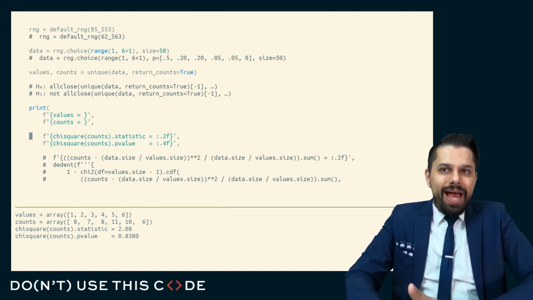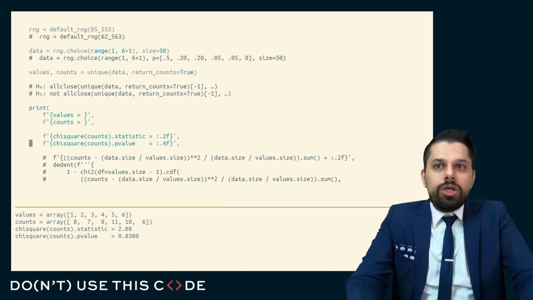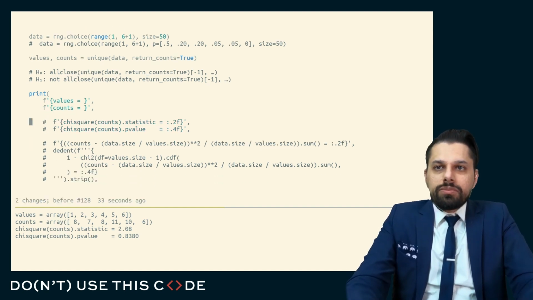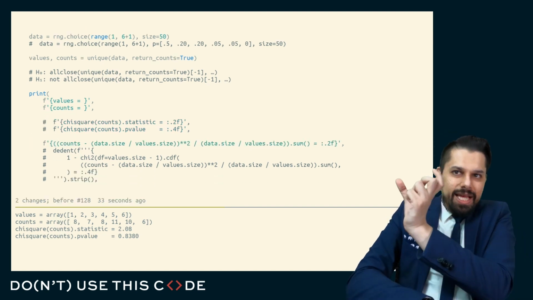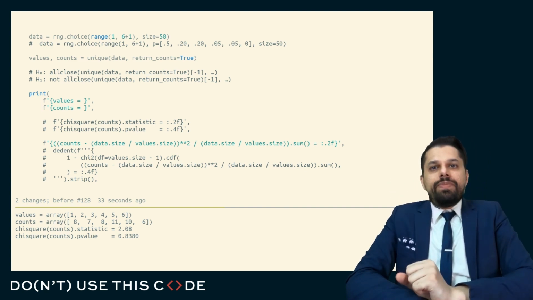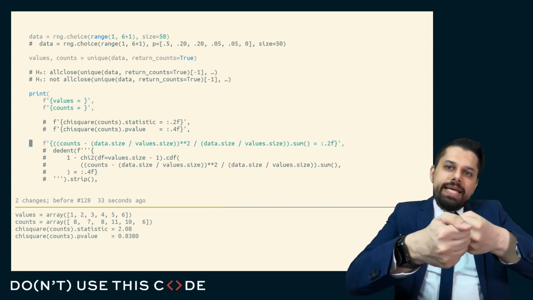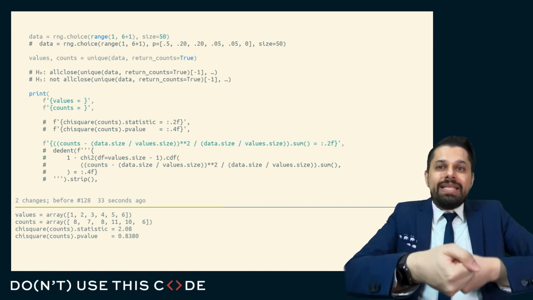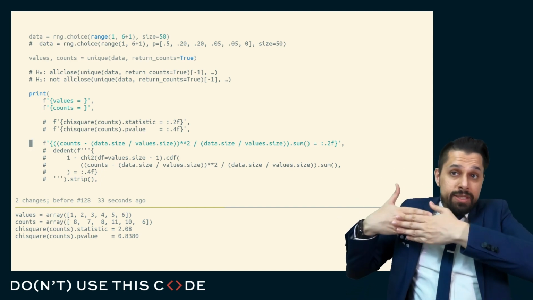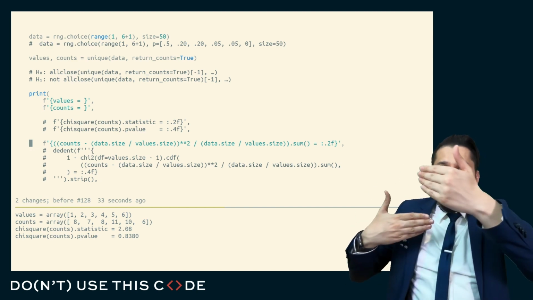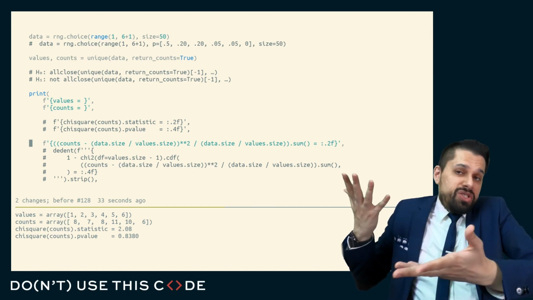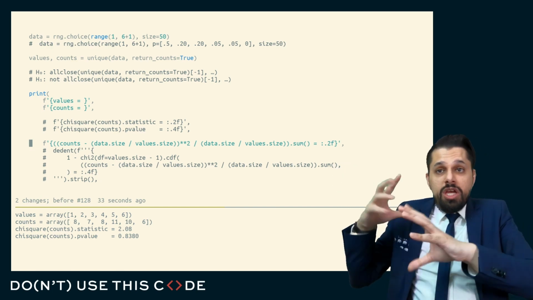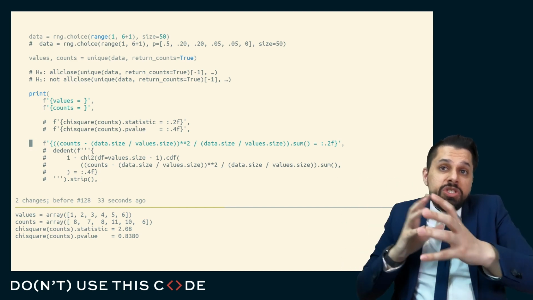If I want to see how to actually formulate this, let's take a look. What I'm going to do in my test statistic is take the actual counts that I see, and see how far away they are from the expected count I would think there would be if they were even. So I look at the size of my data. I look at how many values I've computed, like there's 6 values, and I did 50 rolls. So I should see 50 divided by 6 in each bucket.